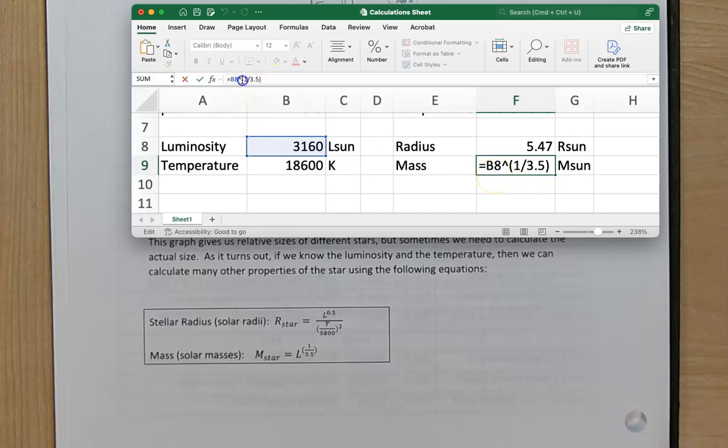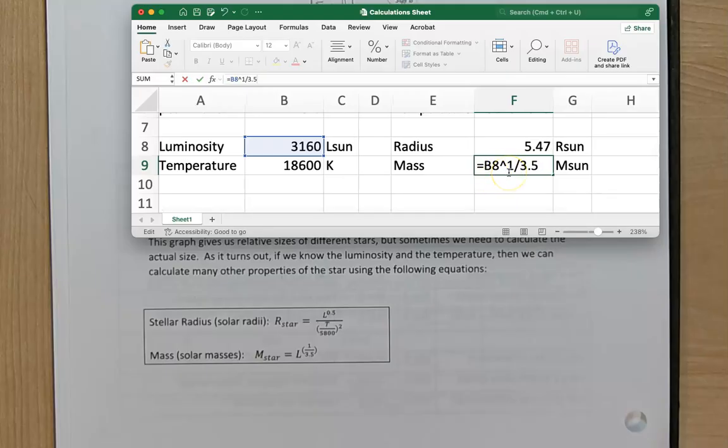If you just did luminosity to the first power divided by 3.5, the spreadsheet knows the order of operations, so it would take the luminosity, raise it to the first power, and then just divide that by 3.5, which would give you an answer of 900, whereas the right answer should be 10.